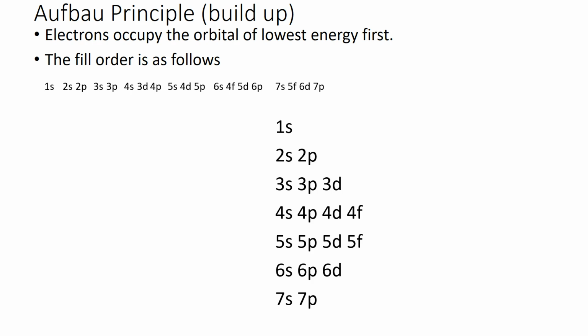I'm going to show you a different method using just the periodic table in a minute. It would say we fill 1s first, then 2s, then 2p, 3s, 3p, 4s, 3d, 4p, 5s, and so on. Like I say, I'm not a fan of this one. What I do is I just count electrons across the periodic table, and I'll explain that as we go.